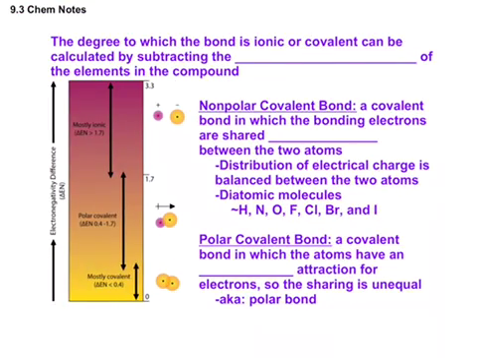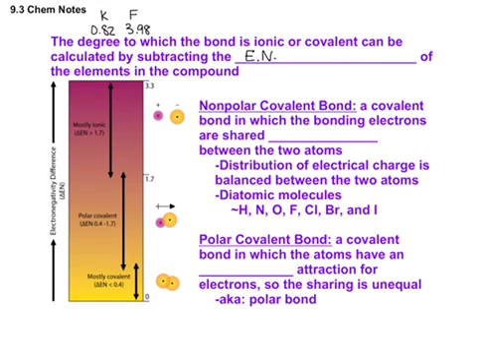So the degree to which a bond is ionic or covalent can be calculated by subtracting the electronegativities of the elements in the compound. So for example, if we looked up potassium's electronegativity in the chart, which is 0.82, and then let's say it bonds to fluorine, and we said fluorine was 3.98.